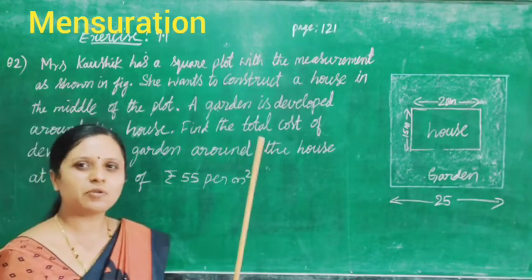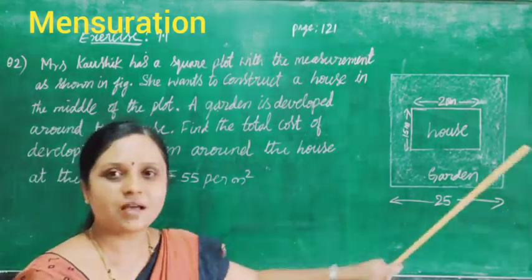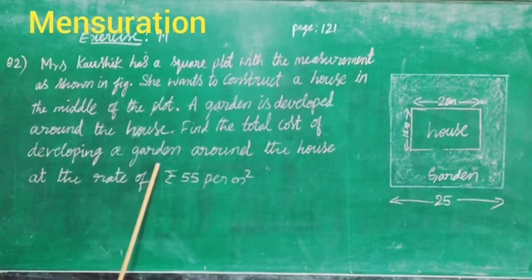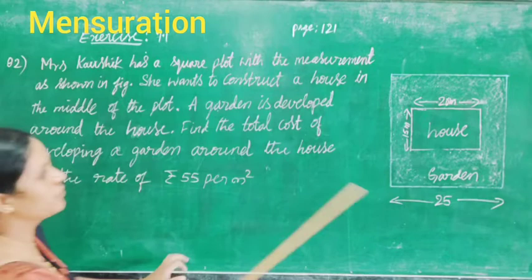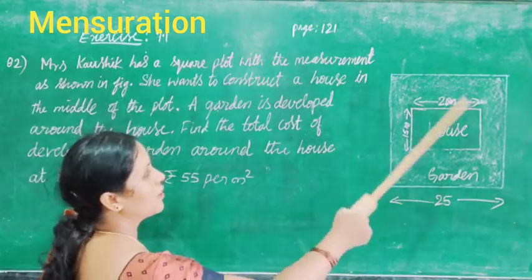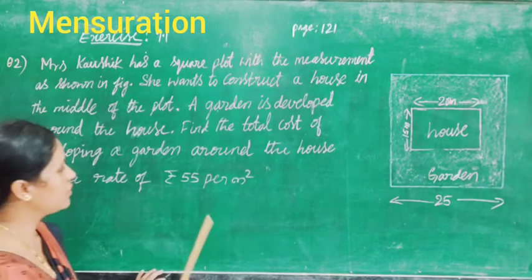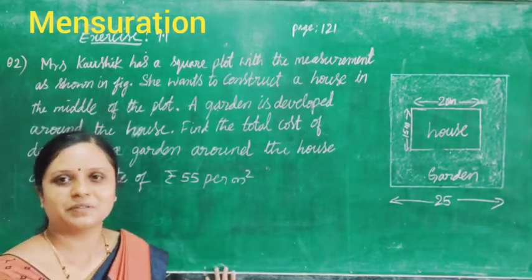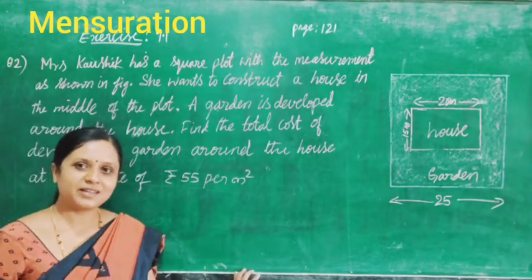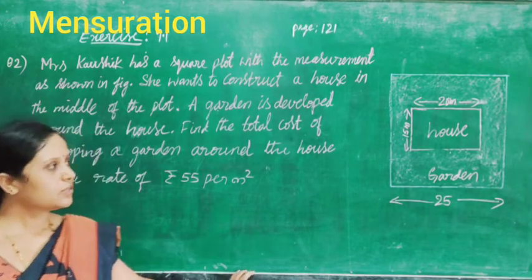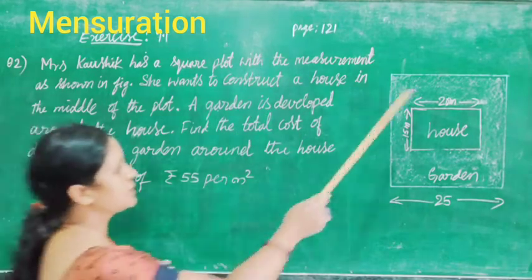So she wants to develop the garden surrounding this house. Find the total cost of developing the garden around this house at the rate of rupees 55 per meter square. Students, you can read the question one or two times carefully. So Mrs. Kaushik's flat is in square shape.